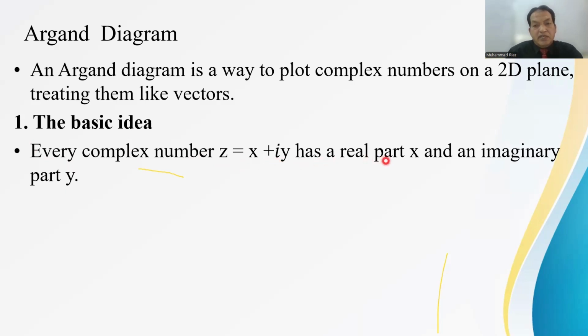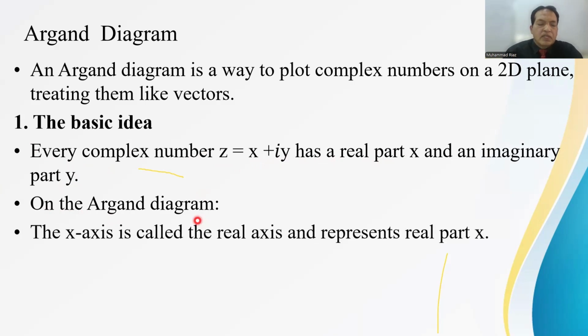It has a real part x and an imaginary part y. The real part x is the part of the complex number without iota, and y is the imaginary part. Look students, on the Argand diagram, what happens? The x-axis is called the real axis and represents the real part x.